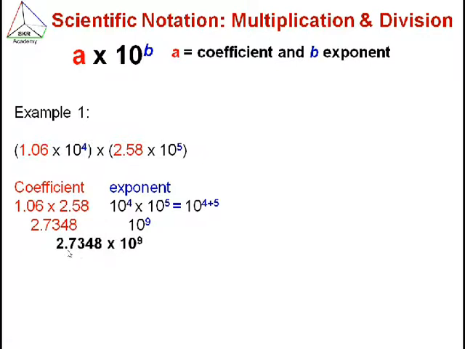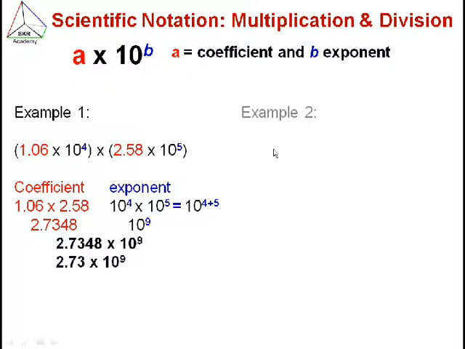So the final number is 2.7348 times 10 raised to the power 9, and with significant figures, we can write the final answer as 2.73 times 10 raised to the power 9. So this is very simple. You just multiply the coefficients and the exponents separately, and then add the powers in the exponent.